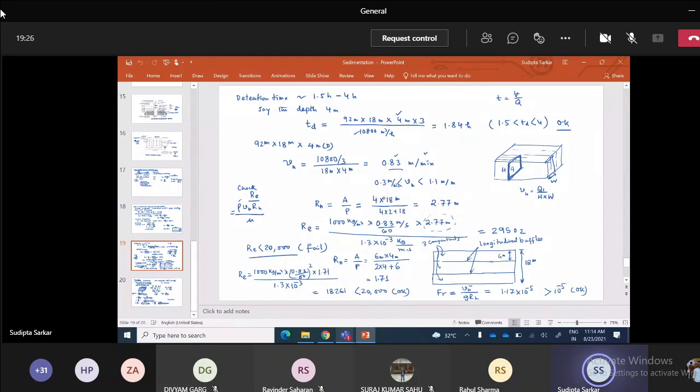We wanted to make this R_H, the hydraulic mean radius value, as small as possible. So we made each compartment into 3 horizontal. We put 2 horizontal baffles to convert each compartment into functionally 3 compartments.